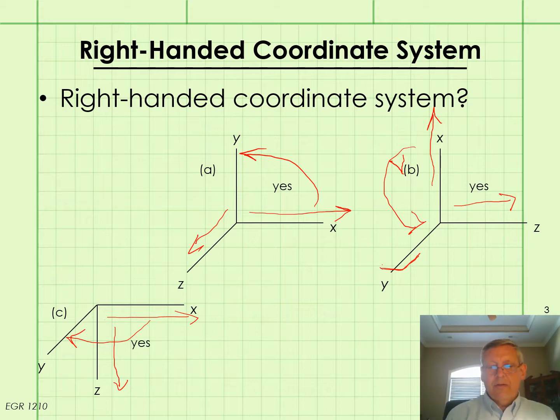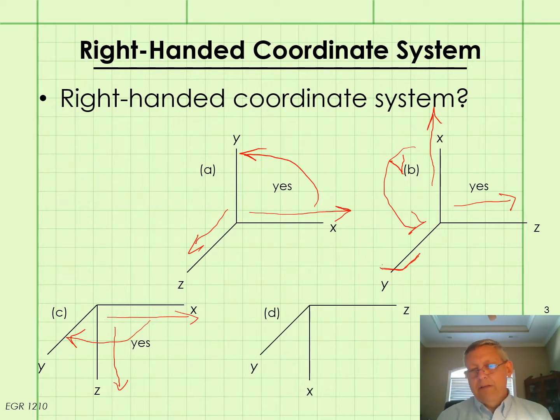So this is also a right-handed coordinate system. The final example here, now I'm going to point my right fingers down the positive x-axis. When I curl them to the positive y-axis, my thumb is now going to point this way, not along the positive z-axis. So this one is not a right-handed coordinate system.